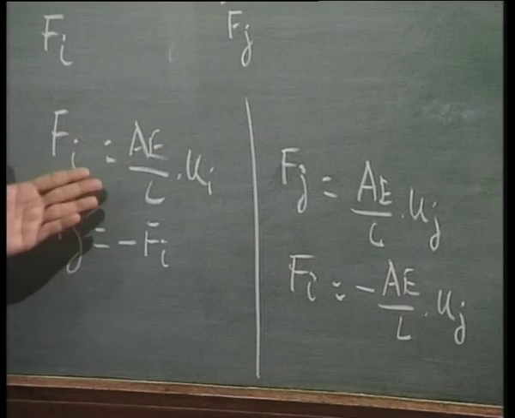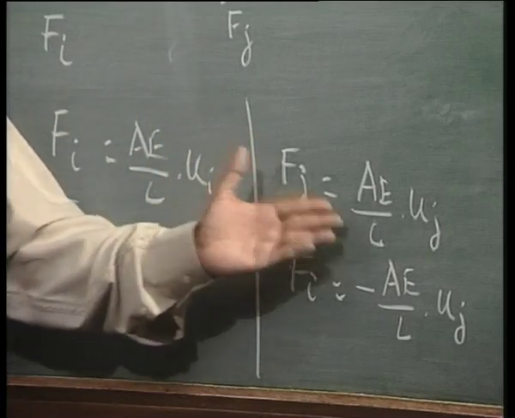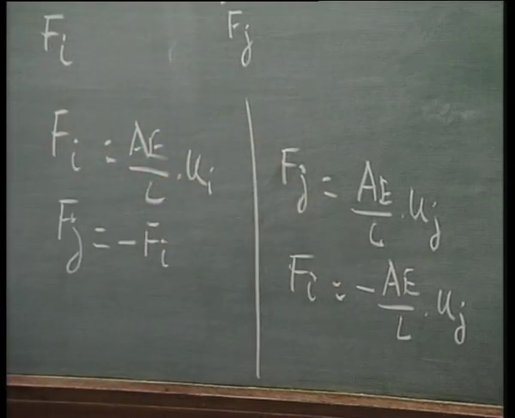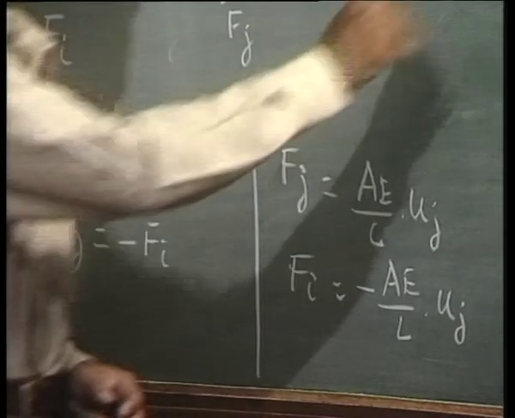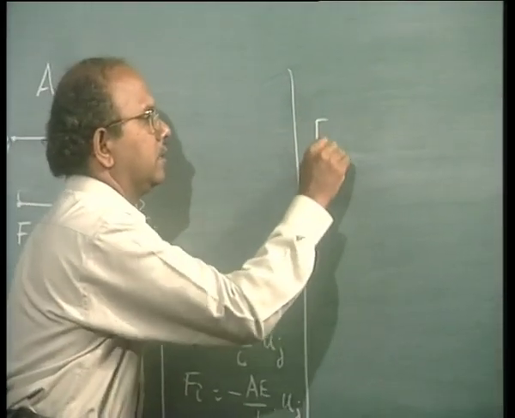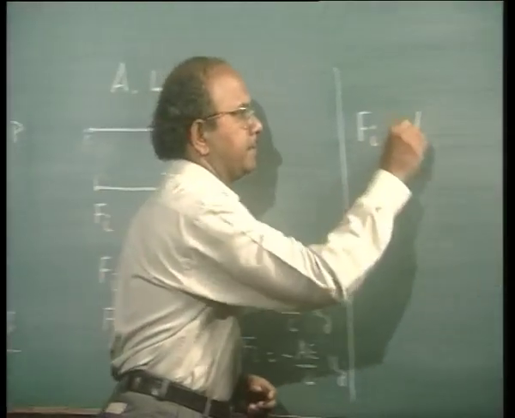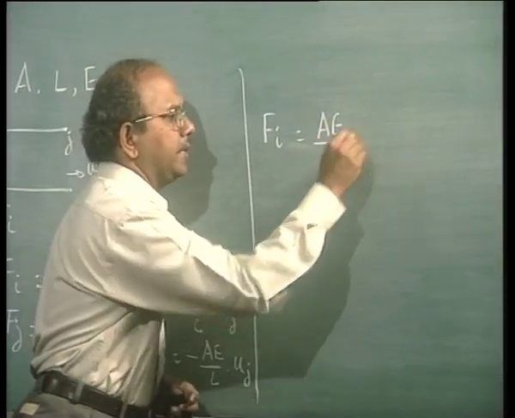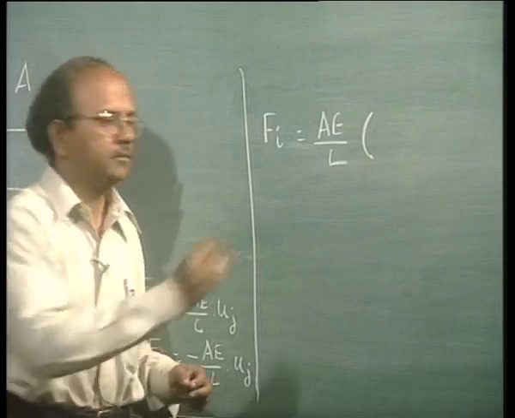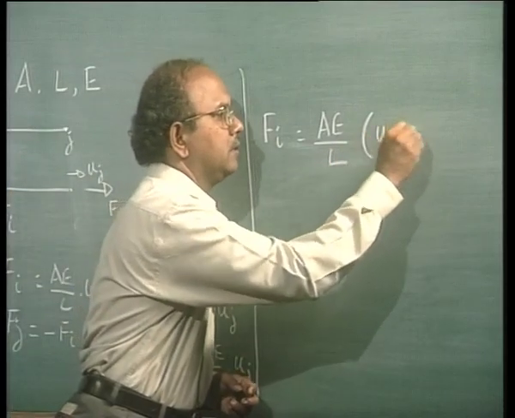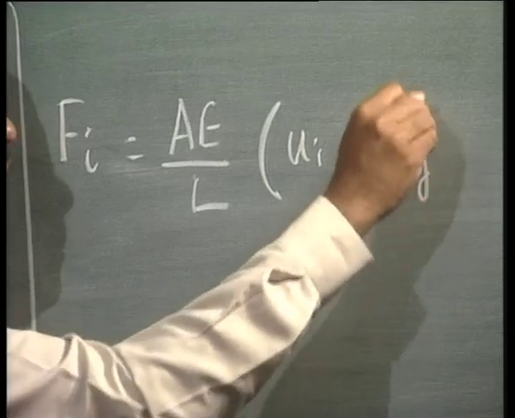It is nothing but the superposition of these two results. So, when both ui and uj exist, I can say that Fi is equal to AE by L into ui minus uj.